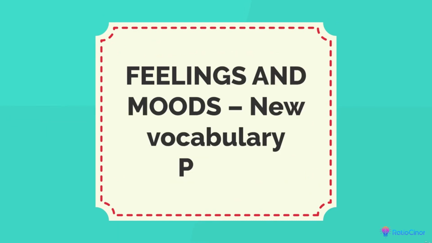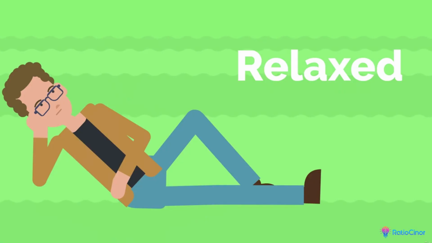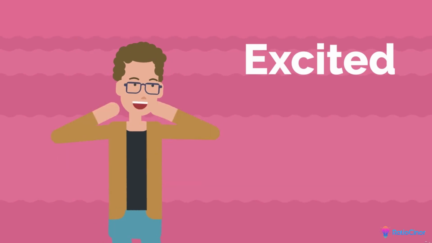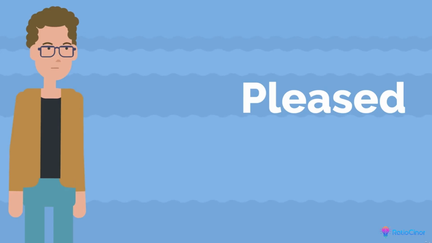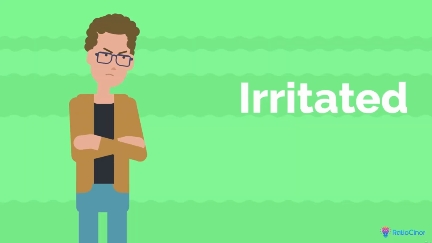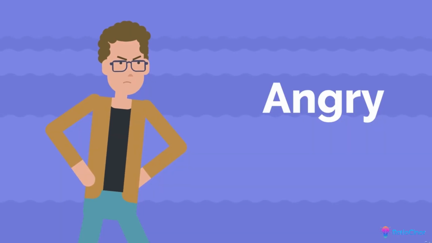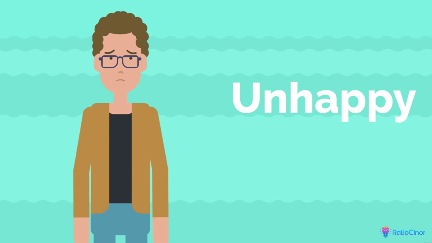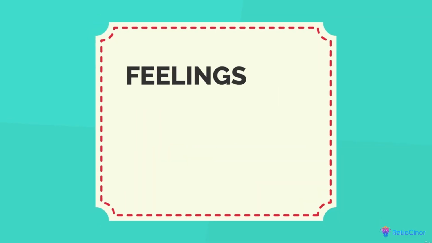Feelings and moods. New vocabulary, part 1. Calm, relaxed, happy, confident, proud, excited, surprised, pleased, cheerful, irritated, angry, annoyed, furious, sad, unhappy. Feelings and moods.